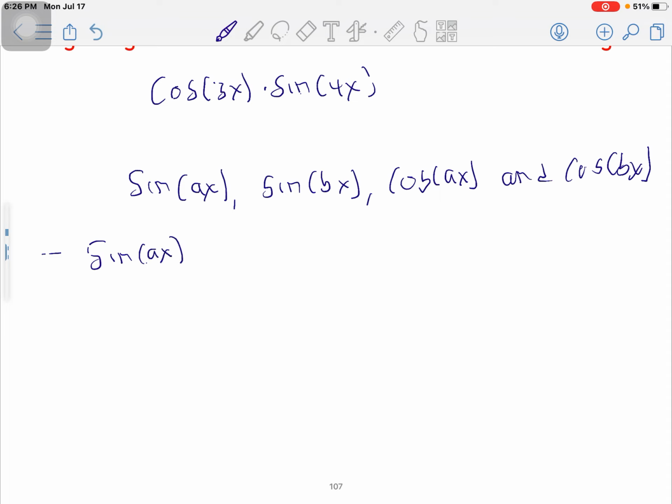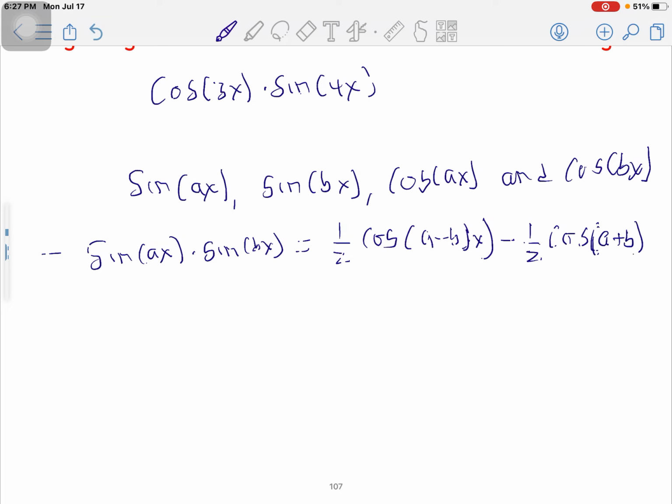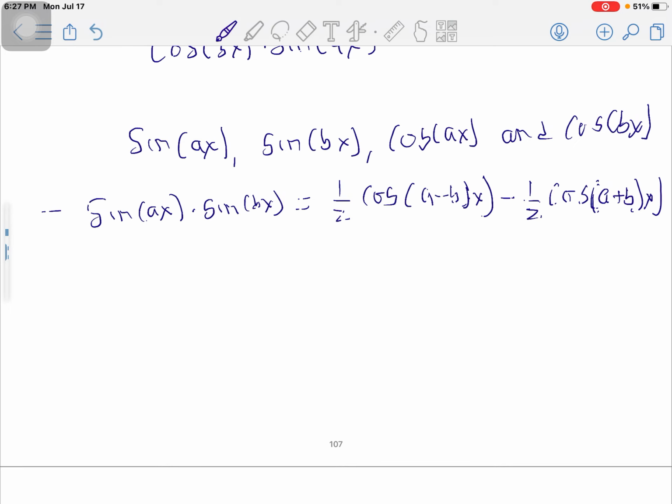So let's state these special identities here. For sine of ax multiplied by sine of bx, you can use the identity 1/2 cos of (a minus b) times x, minus 1/2 cos of (a plus b) times x.